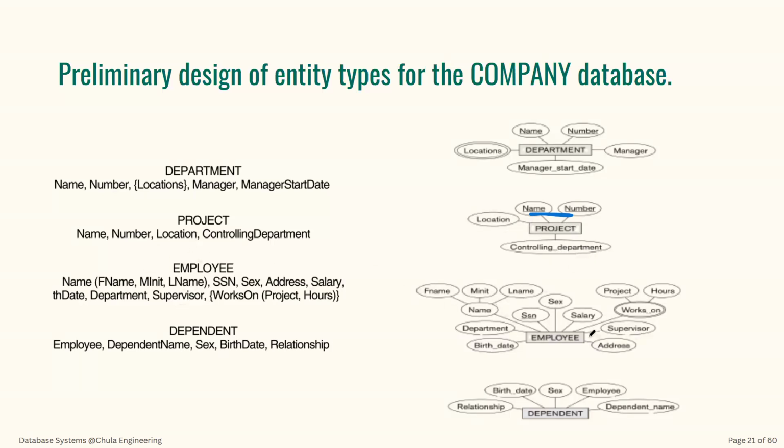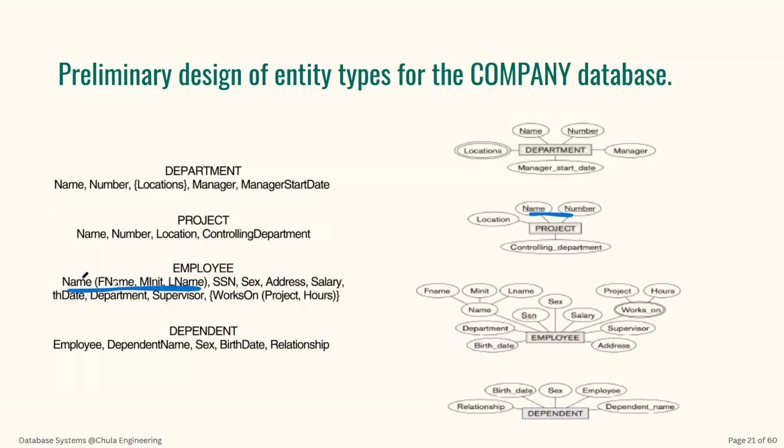For the employee here, if we write it in words like this, when you write down the schema, on the left is called the schema. On the right is the ER, the entity relationship. So on the left, when you write the schema, you say name comprises first name, middle initial, and last name. So this is a composite.